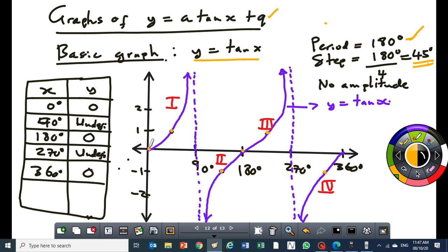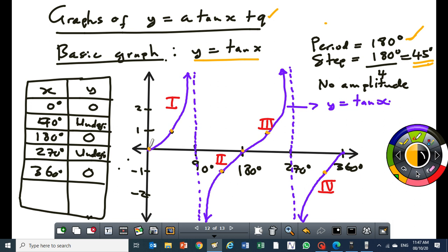Negative. That's why you see that this curve here, the y values are negative. Do you see that? Yes. Well, it's based on the quadrant. Then from here, between 180 and 270, that's the third quadrant. In the third quadrant, tan is positive, so the curve is now above the x-axis because the y values are positive.